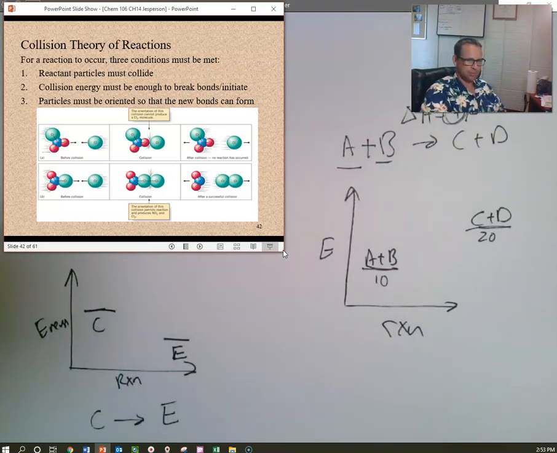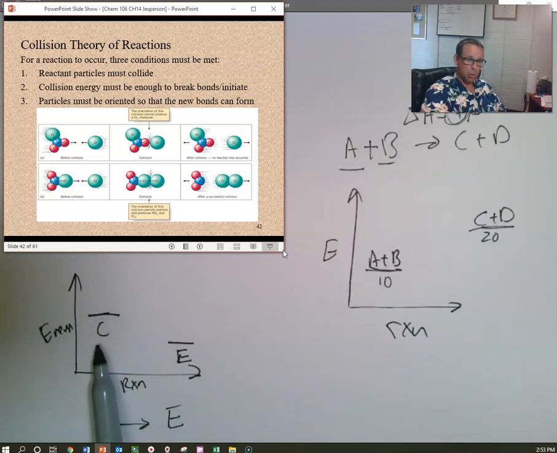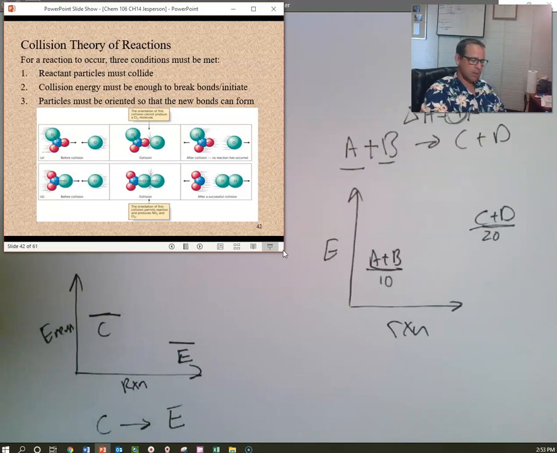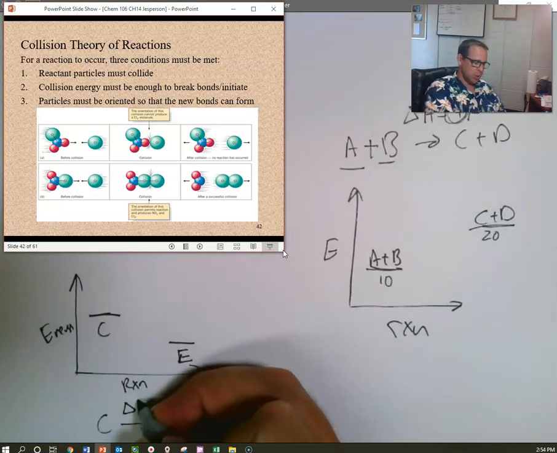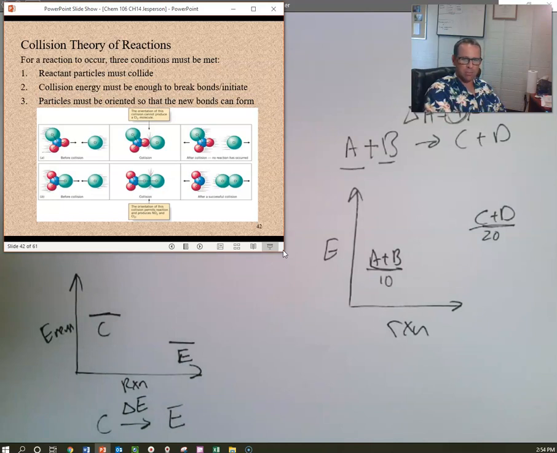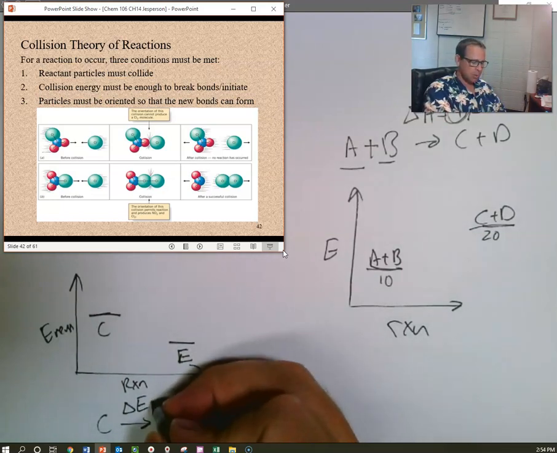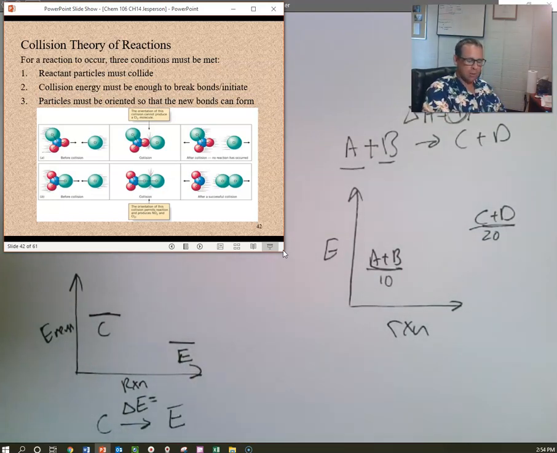C or E? C has more energy. And so this process, did it release energy or gain energy? It released energy. And so the change in, we could use overall energy in this case instead of heat energy, that's fine, would have to be a positive or a negative value?